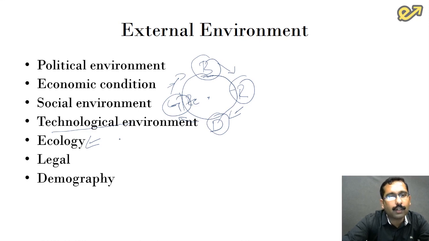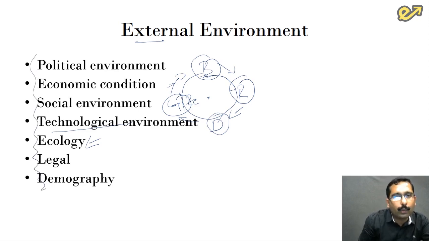All these are a part of demography, and it is very important for any business to understand demography. We can understand and bring about changes accordingly, but it is impossible for us to change the demography of a given place. Hence, all these factors are a part of the external environment. External environment is also called the uncontrollable environment, where the business has got no control over any of these things.